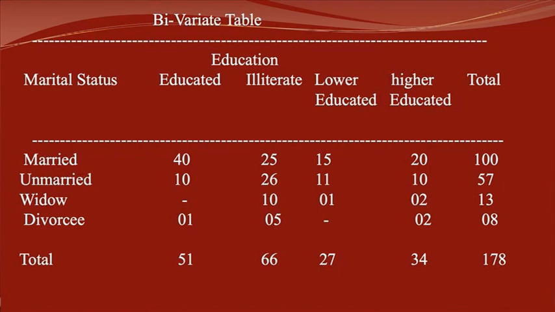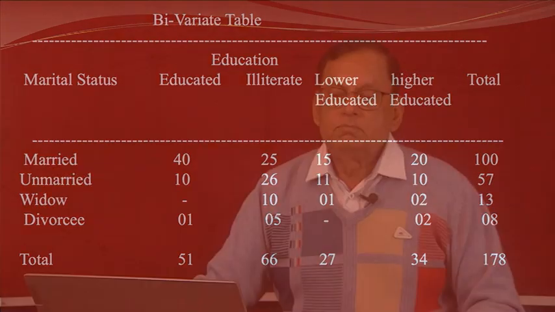On the basis of marital status, we classified married, unmarried, widow, divorcee, etc. And on the basis of education, we classified educated, that is literate, illiterate, lower educated, higher educated, etc. So, two variables. Sometimes we want to correlate marital status with education and education with marital status, then we use the bivariate table. And when we talk about the multivariate table, in which more than two variables are there, then this table is known as a multivariate table.